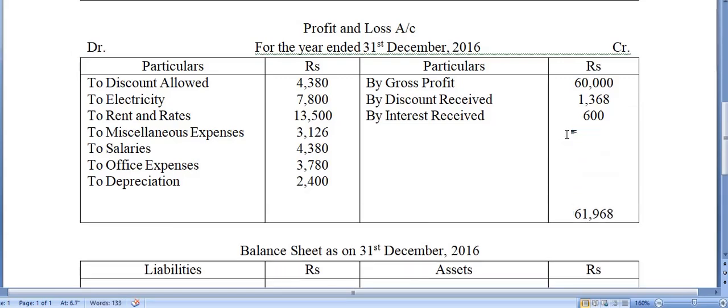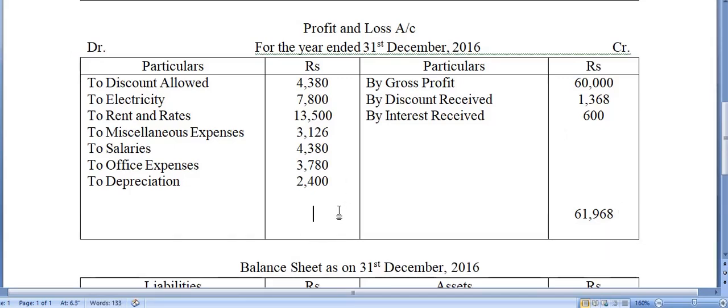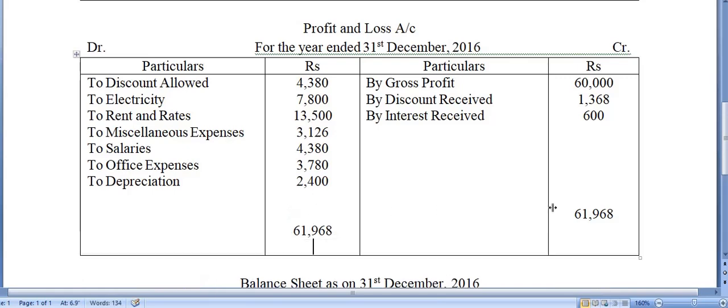Now pull down this item, and here also we should have the same balance, 61,968. So there will be a balance out here. What you can do is just find the total of these items first: 4,380 plus 7,800 plus 13,500 plus 3,126 plus 4,380 plus 3,780 plus 2,400.